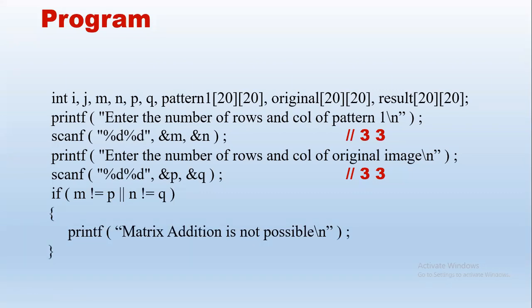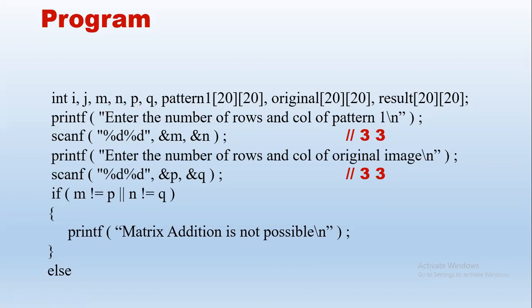Else, that means M is equal to P and N is equal to Q, we can add. So then control will come to the else part. We also declare the required variables. i, j for the loop, m, n for order of pattern 1, p, q for order of original, and pattern, original, result, all with maximum 20 rows, 20 columns, right?